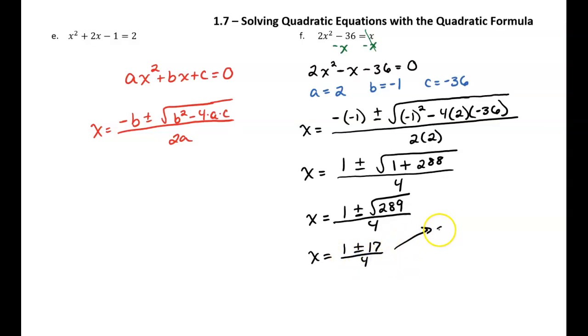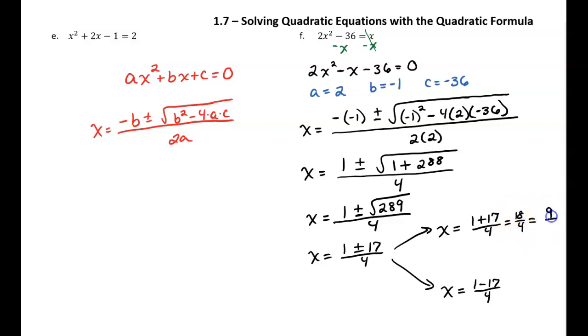Split it apart. We have x is equal to 1 plus 17 divided by 4. And then we have x equals 1 minus 17 divided by 4. And when we work these out, 1 plus 17 is 18 divided by 4. I want to reduce that down.